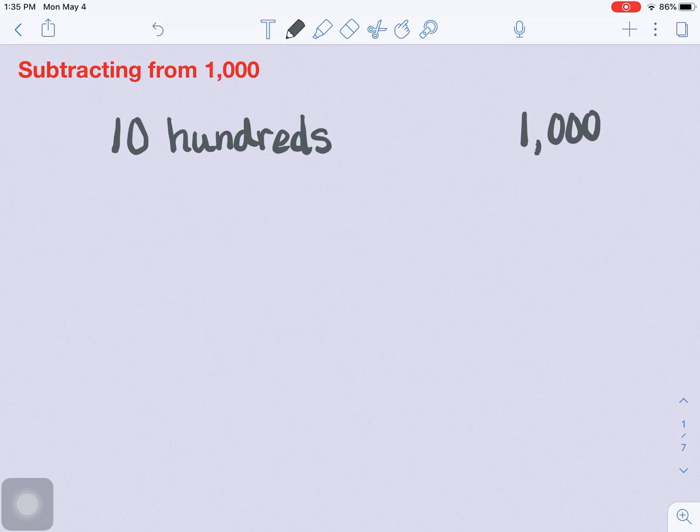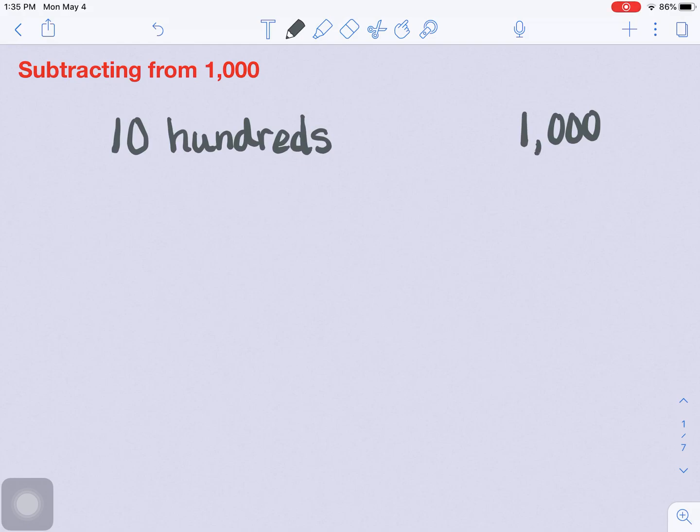And as we get started, it occurred to me that we really haven't used that number when we have been subtracting or even adding and showing it with our proof picture. So I have here in front of me, I've just written down 10 hundreds.